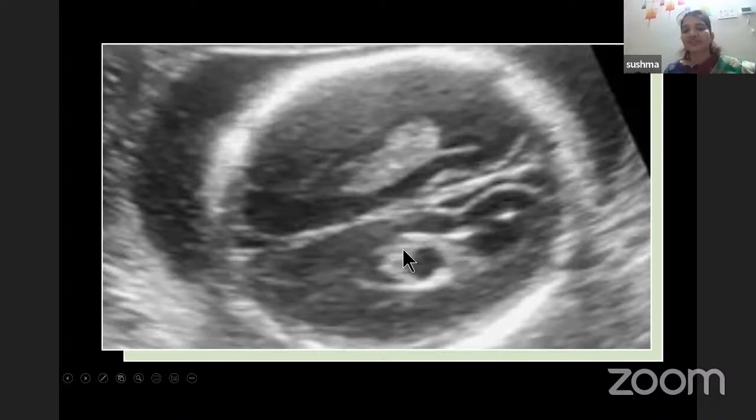What is the structure that we see here? This is a transventricular plane, I'm telling you, and within the ventricles, these are choroid plexus. Now, can we identify what this structure is? Delegates, can you please keep posting your answers?